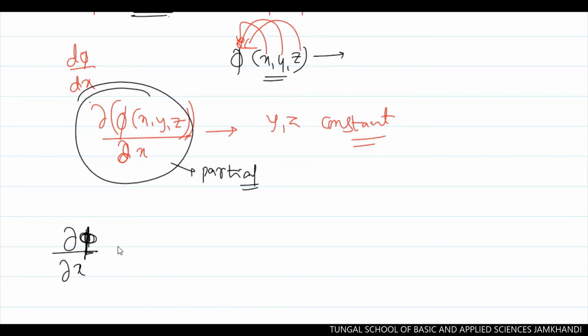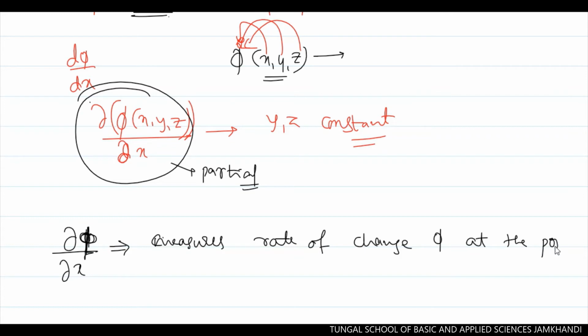Dou phi by dou x measures the rate of change of phi at the point P along the x-axis.